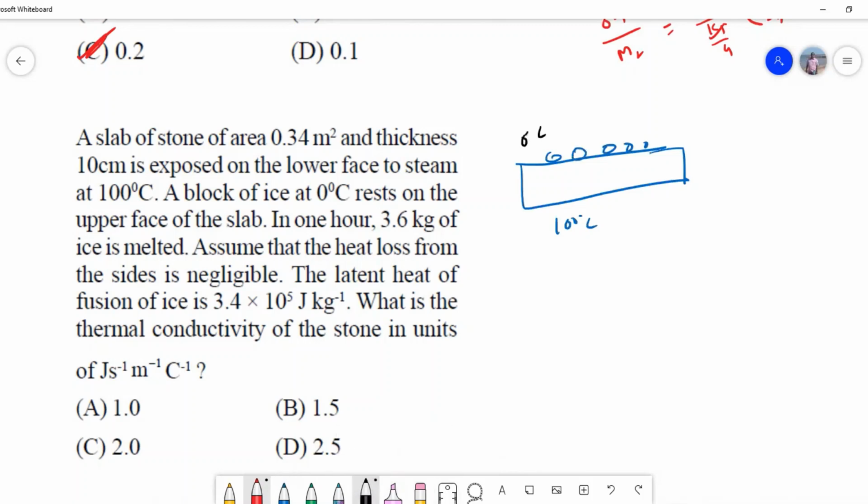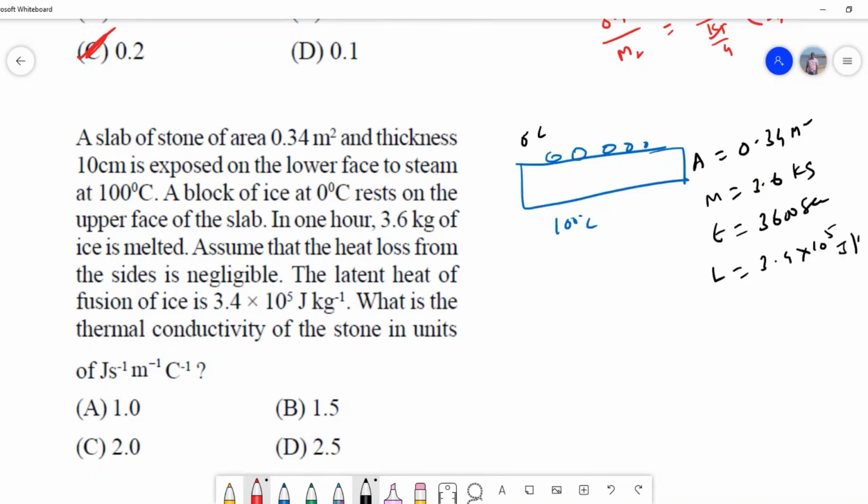Obviously the temperature is 0, and the area of cross section is given as 0.34 meter square, and the mass of ice melted is given. So m is equal to 3.6 kg, and the time is given as 1 hour, write down 3600 seconds. The latent heat of ice is given as 3.4 into 10 power 5 joule per kg.